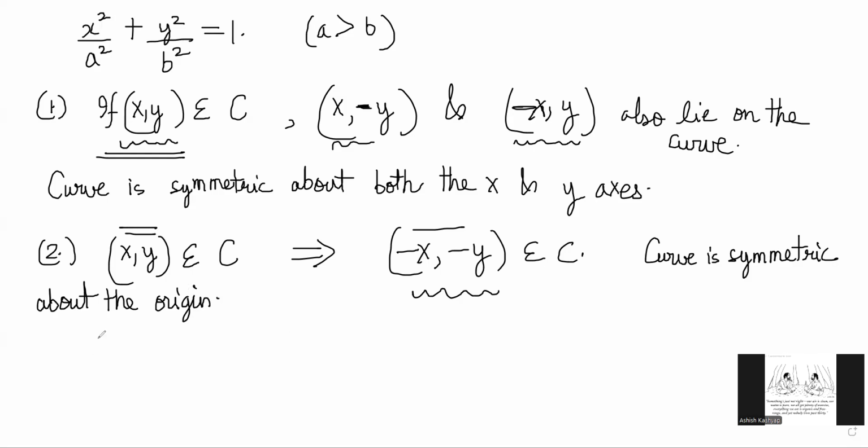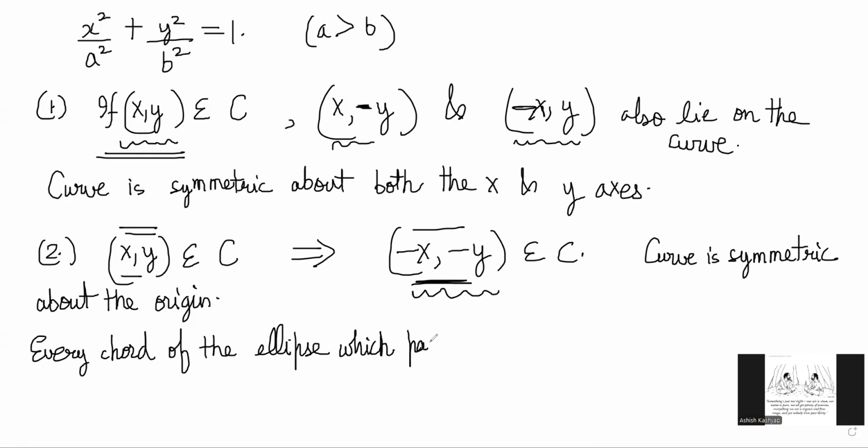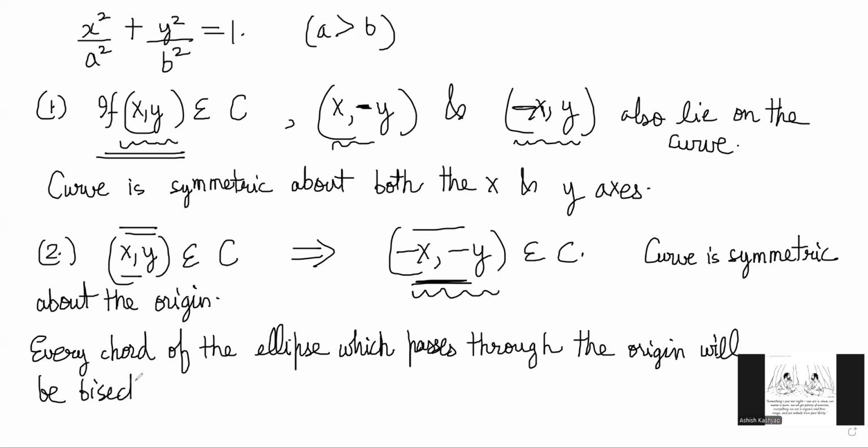So what this also tells you is that since x comma y and minus x comma minus y both lie on the curve, every chord of the ellipse which passes through the origin will be bisected by the origin.